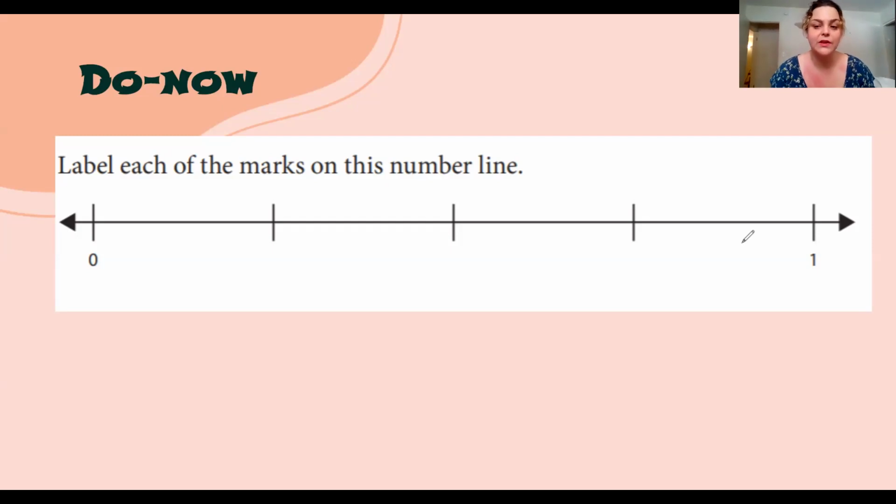If I look at the number line, I see that it is labeled from 0 to 1, which means that we're dealing with less than a whole, which is a fraction, right? We're dealing with fractions. And if you recall from our Number Corner video I posted on Friday, number one is that we have to see how the whole has been partitioned. And we do that by counting the number of jumps in between 0 and 1.